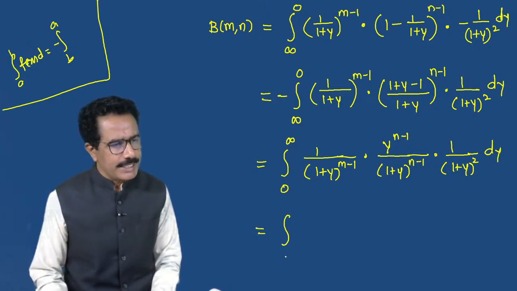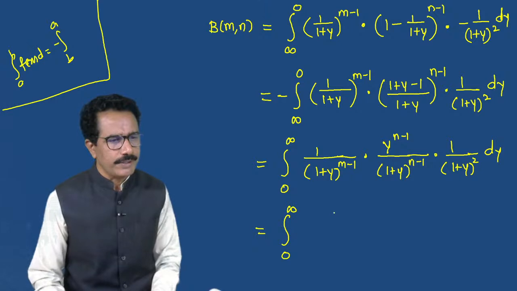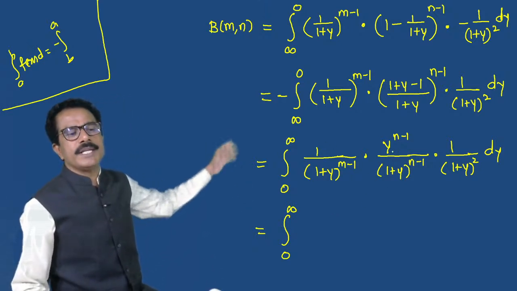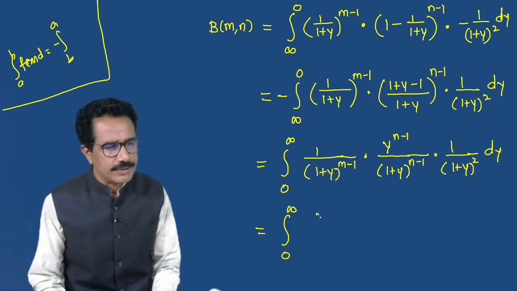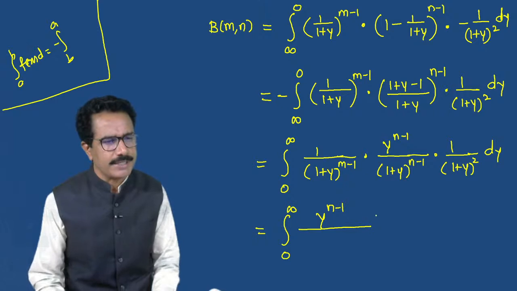So we can write integral from 0 to infinity. The numerator is 1 into y raised to n minus 1, y raised to 1 means it will be y raised to n minus 1.